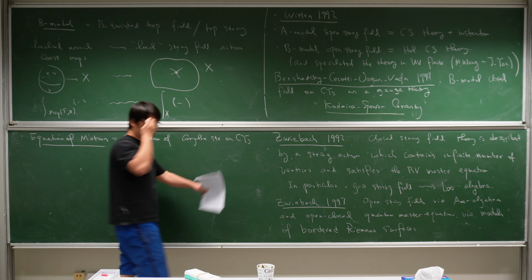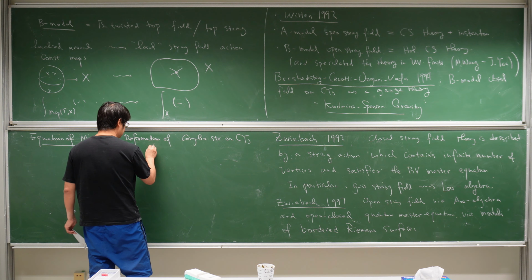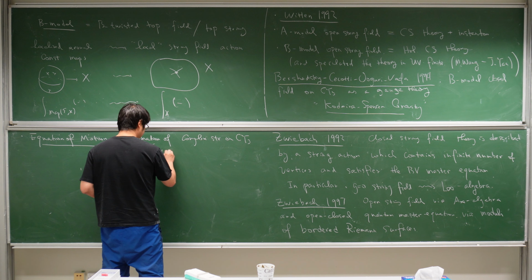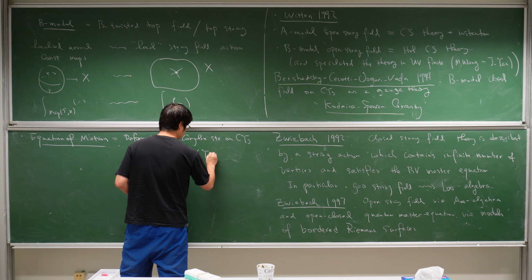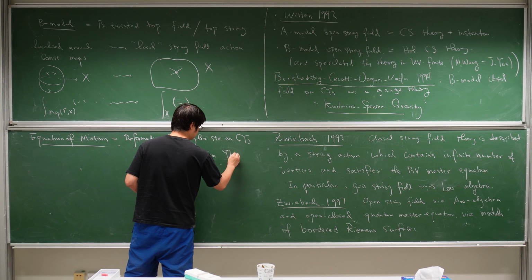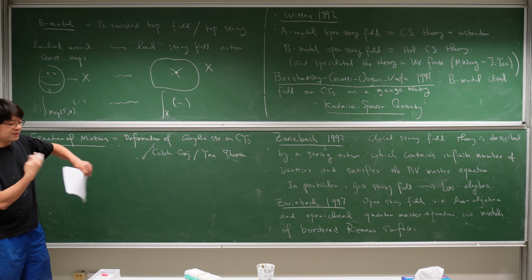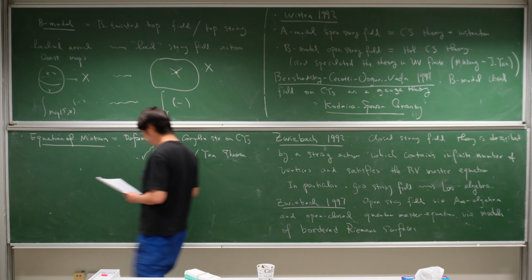And they focus on Calabi-Yau threefold. And by the Calabi conjecture, Yau's theorem, this leads to basically a family of solutions of a Ricci-flat metric.